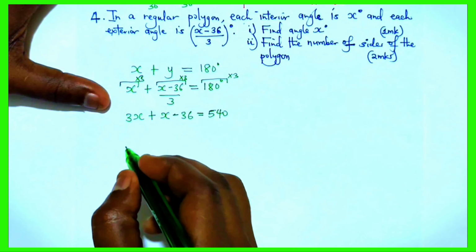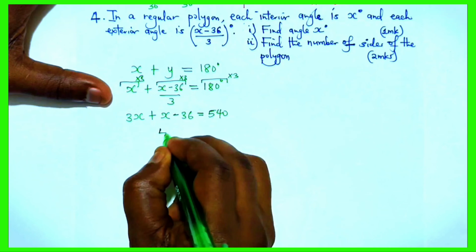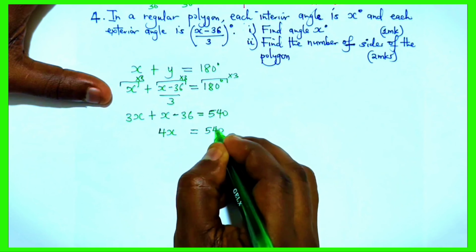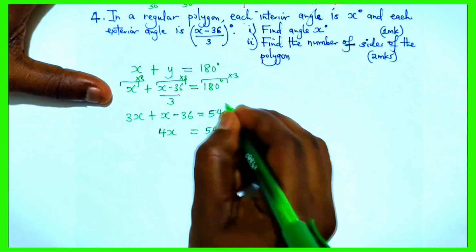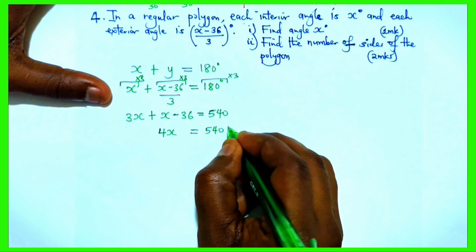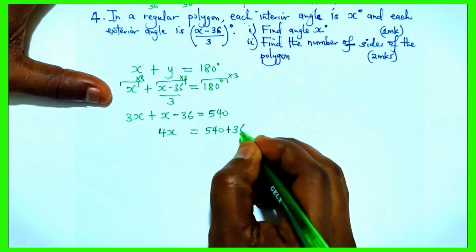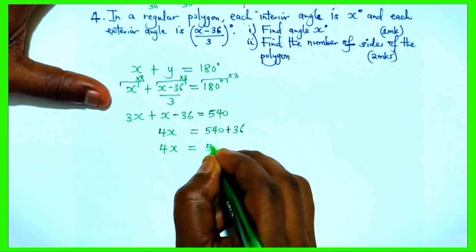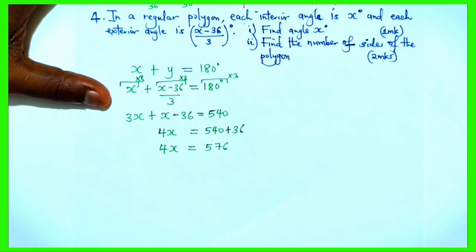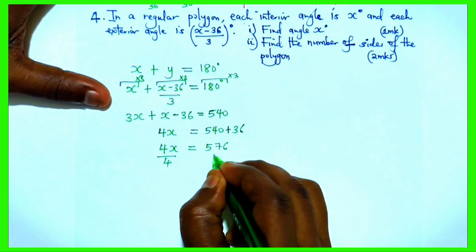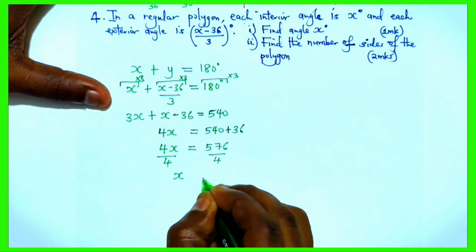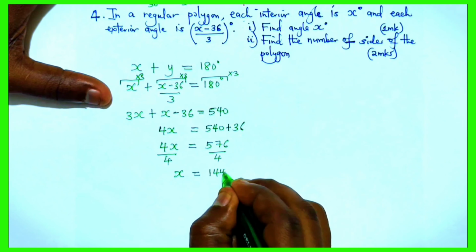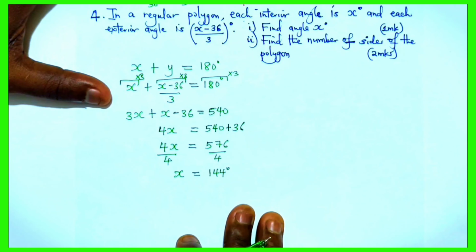And then we put like terms together. We are going to have 4x to be equal to 540. We take this negative number to the other side of the equal sign. It becomes positive, so plus 36. We end up having 4x to be equal to 576. And then we divide both sides by 4 so that we get the value of x. So x will be equal to 144 degrees.